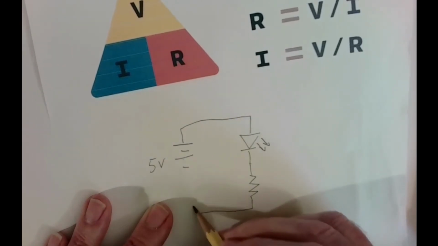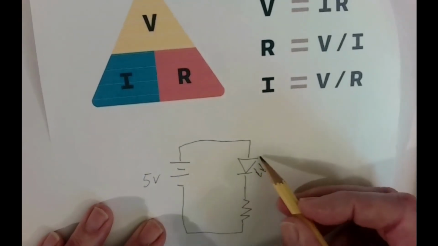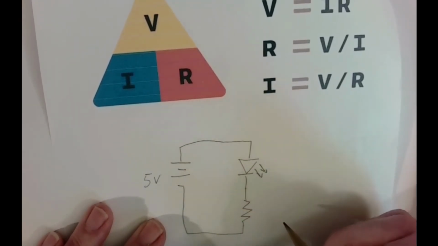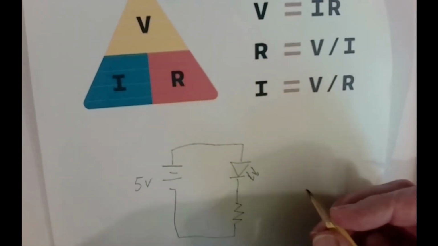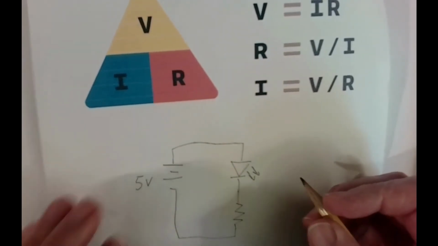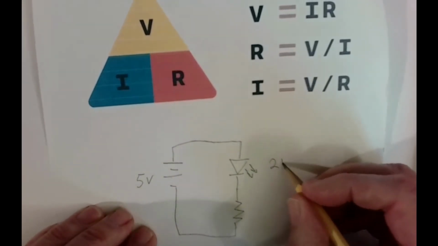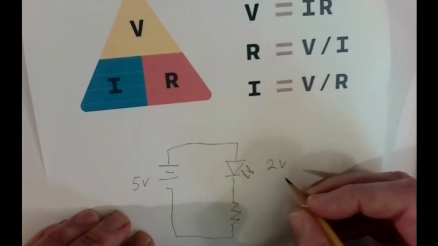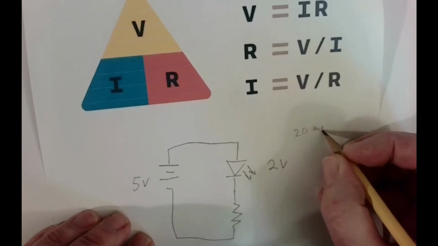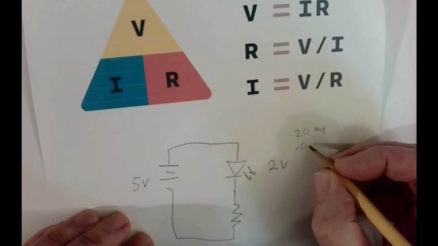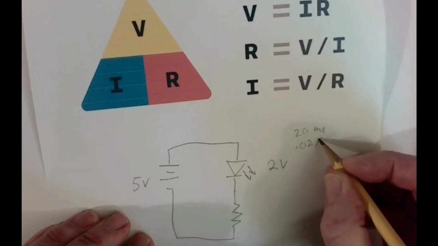And then it comes back around to the battery. Well, what I know about the LED is basically I look on the internet and find what it's supposed to be, or I go to the manufacturer and they tell me that it should use about 2 volts, and they want it to be no more than 20 milliamps, or let's say 0.02 amps.